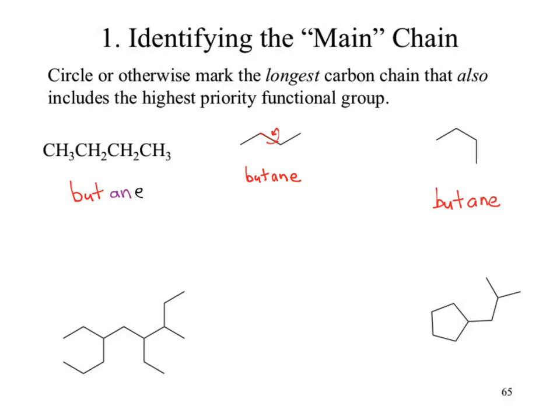Does the name change? No. Nomenclature can call attention to just those single bond rotations. I would argue working with the models can call attention to it faster than naming a structure.